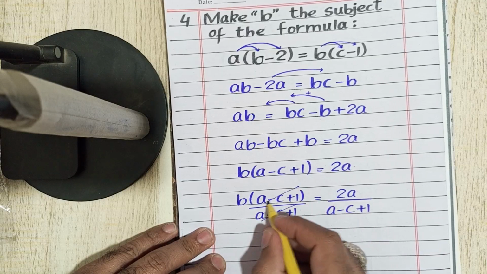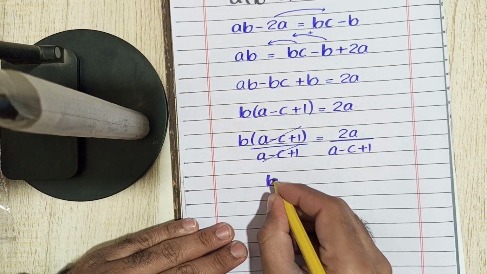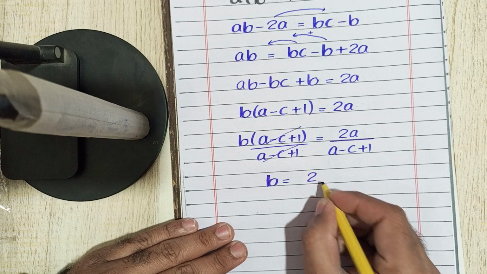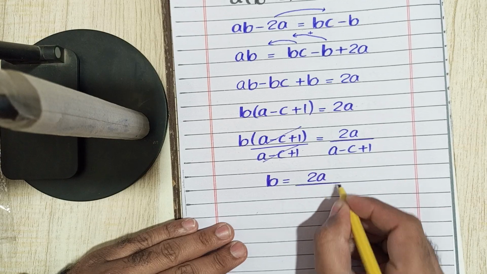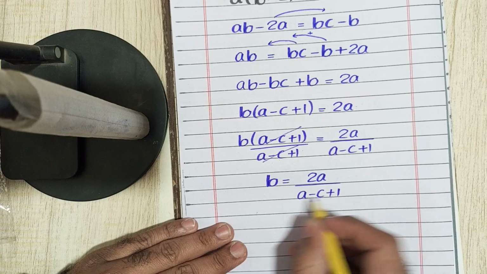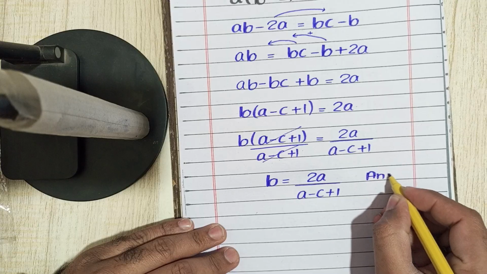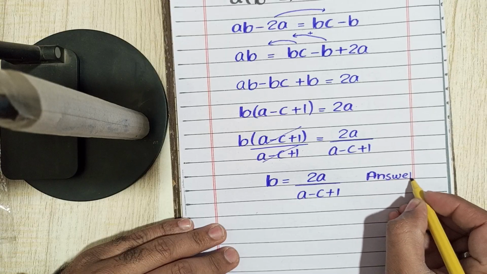So we cancel out this term. So here we write b equal to 2a minus c plus 1. So this is our final answer. So I hope you got it.